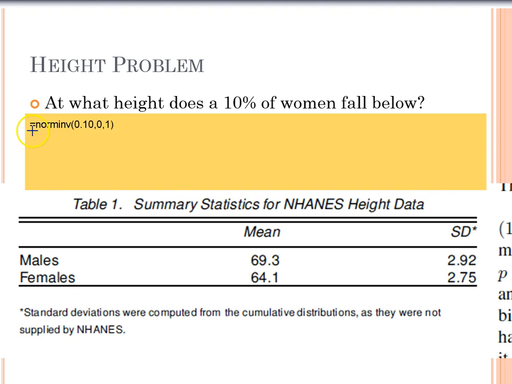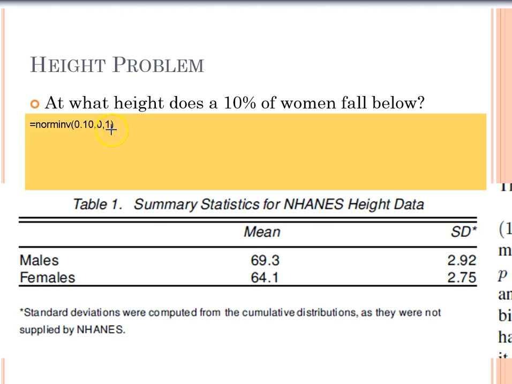So we're going to type in equals NORM.INV, open parentheses, and then this first number represents that percentile. But the first number has to be given as a proportion, so the proportion of 0.1. So this first number has to be between 0 and 1, where 0.1 represents that 10%. The second number is the mean, so the z-scores have a mean of 0 and a standard deviation of 1.